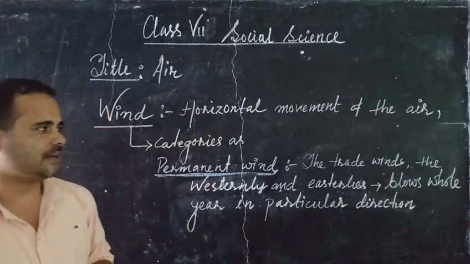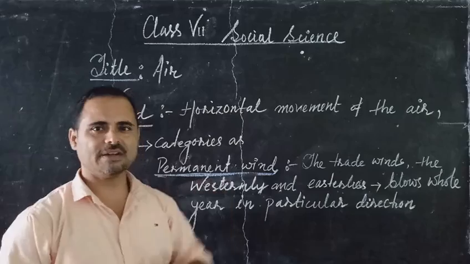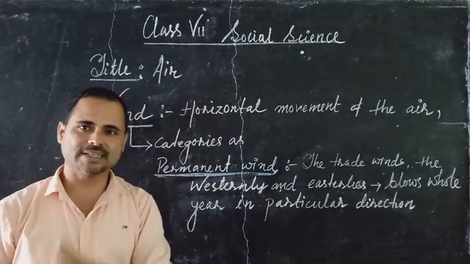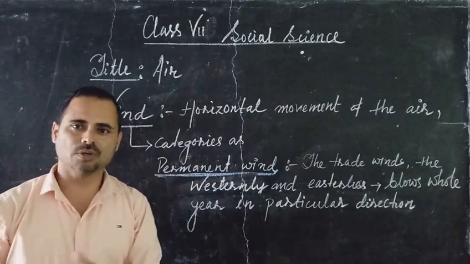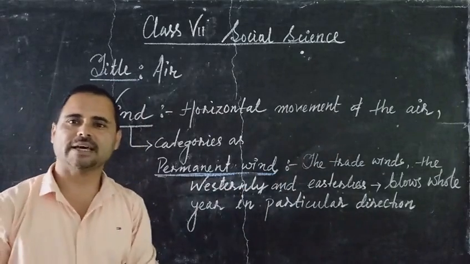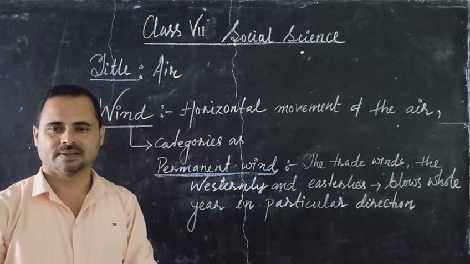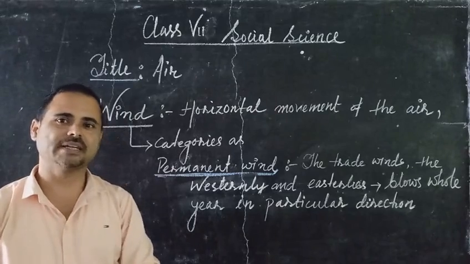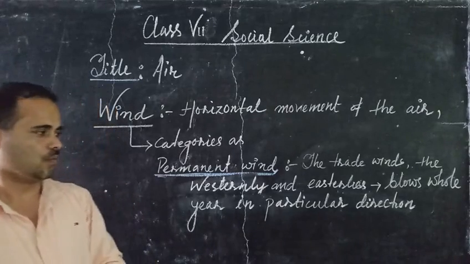What are permanent winds? These permanent winds are also called the trade winds. These winds generally blow only in one direction throughout the year. That's why they are called either westerly wind or easterly wind.